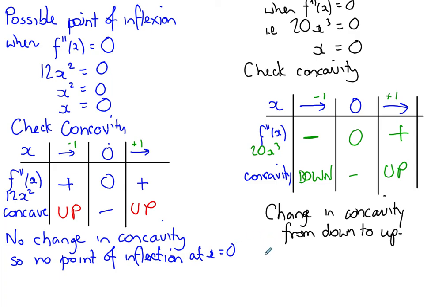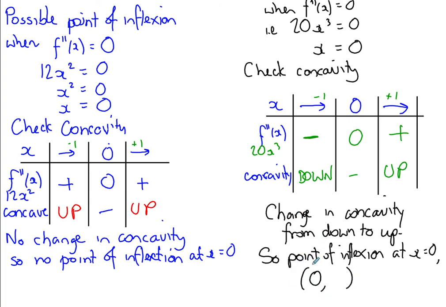Therefore, there's a point of inflection at x equals 0, or if you went on, of course, you could find out the actual full coordinate point if you were required to.